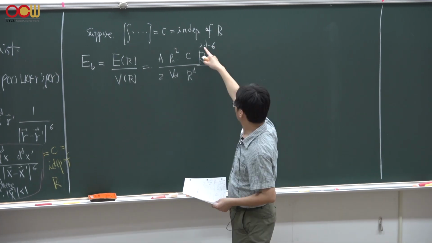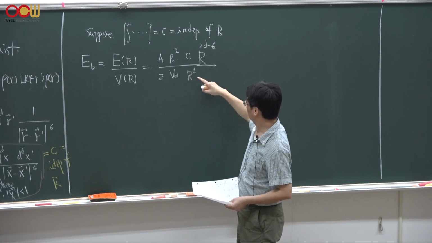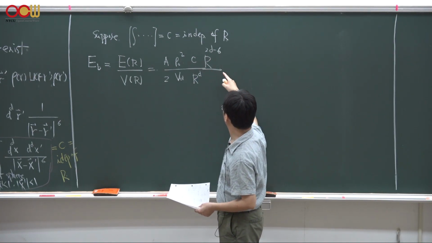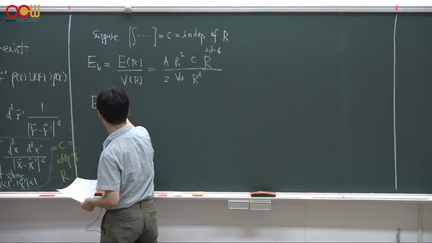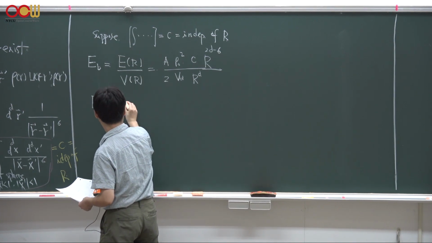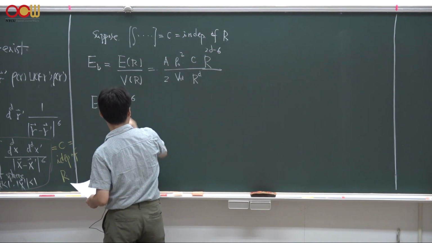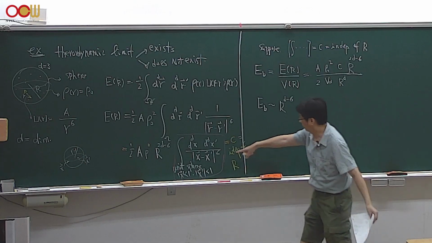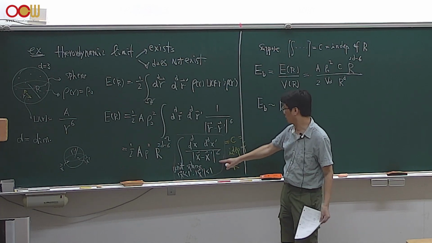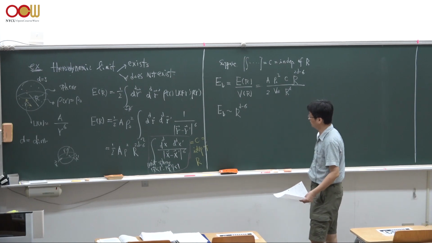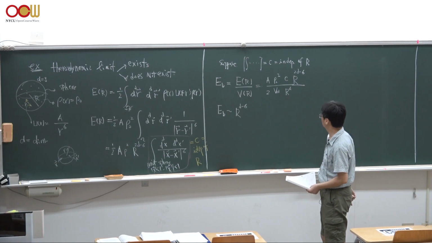You cancel the R to the power of d in the numerator and denominator, and you get a bulk energy density proportional to capital R to the power of d minus sigma. Later we will determine this integral more carefully, but this is just a hand-waving argument.